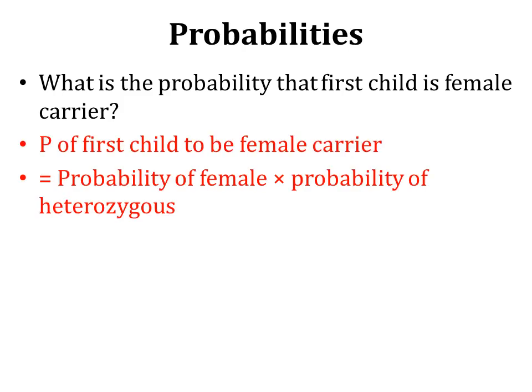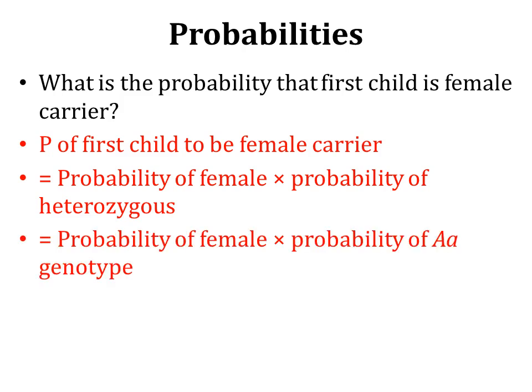So for that purpose, we will have to put the probability of female alone and the probability of heterozygous alone, and then we multiply these two probabilities because this is compound probability. So the probability of female means the probability of females, obviously. So probability of heterozygous means the probability of the heterozygous genotype.